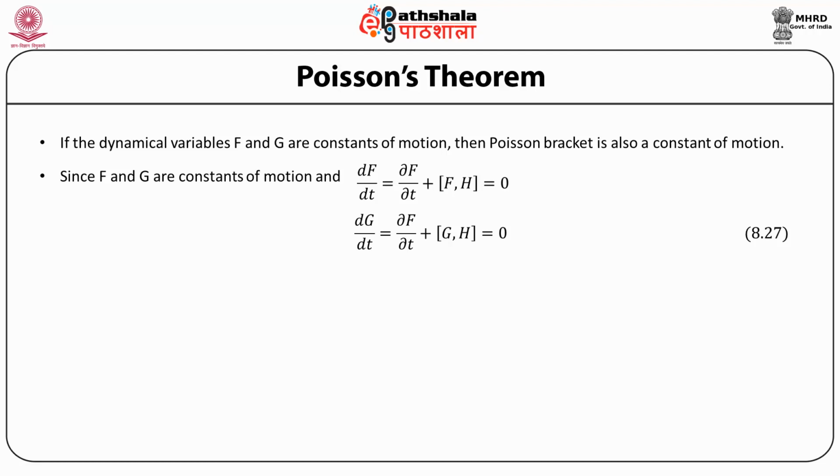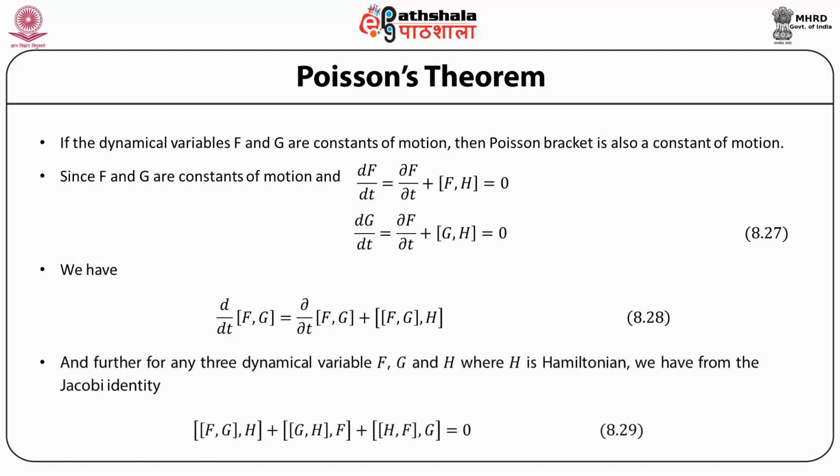So if they are constants of motion, then df/dt is equal to 0 and likewise dg/dt is equal to 0. Therefore, we will have the total time derivative of the Poisson bracket of f with g equal to the partial derivative of the Poisson bracket of f with g with respect to time plus the Poisson bracket of the Poisson bracket of f and g with H.